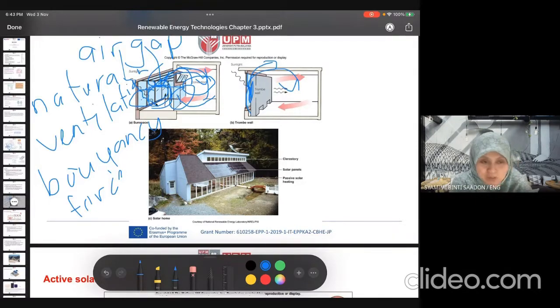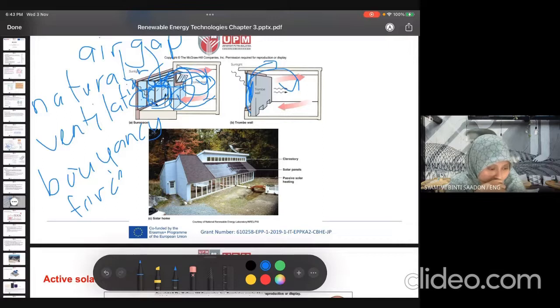Except that by using thermal wall, of course, the temperature will be higher because thermal wall, like we know just now, absorbs more radiation from the sunlight. Okay, it's like an opaque surface.